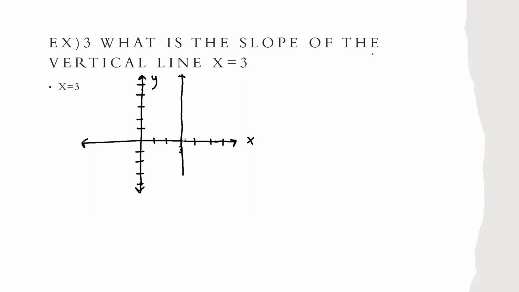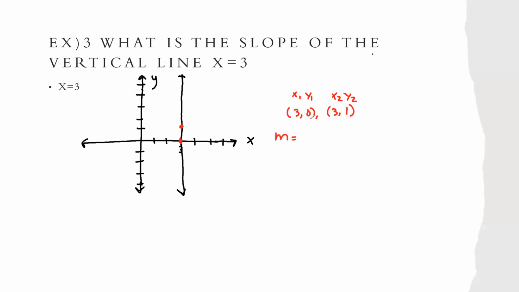Okay, let's do the algebra to show you why it's undefined. Let's pick 2 points on this graph. It doesn't matter which points, as long as they're on the graph. One point here would be (3, 0). And another point on this line could be (3, 1), right? If you have 2 points, label the first point x1, y1, and the second one x2, y2.